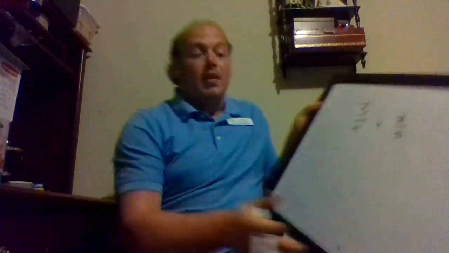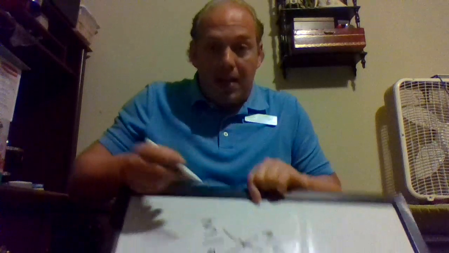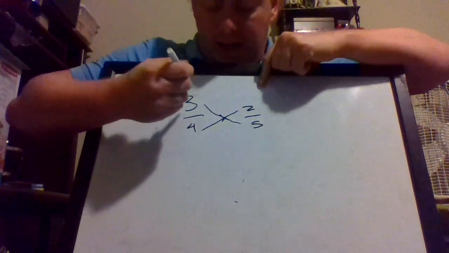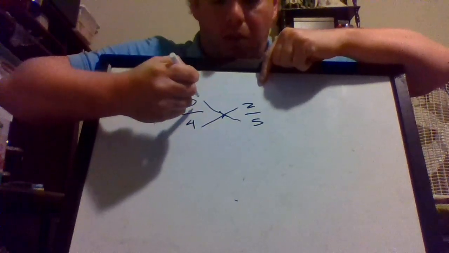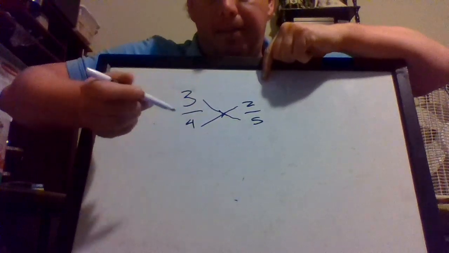And cross cancellation is just a cross. So here and here. So we can't do anything with 3 and 5, because 3 isn't a multiple of 5 and 5 isn't a multiple of 3.